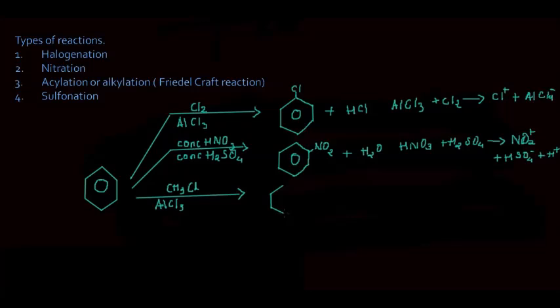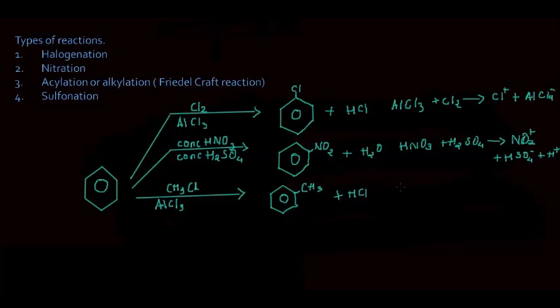Methyl benzene means we are adding a methyl group CH3 to the benzene. So a CH3 group is added. Again, the role of catalyst here is to make an electrophile CH3+. So our byproduct here will be HCl.